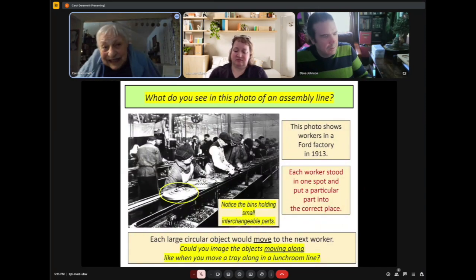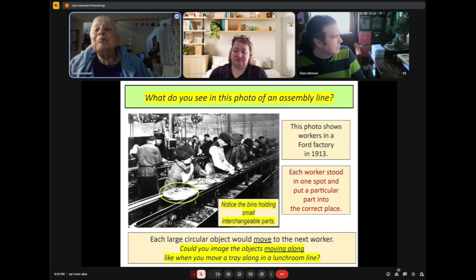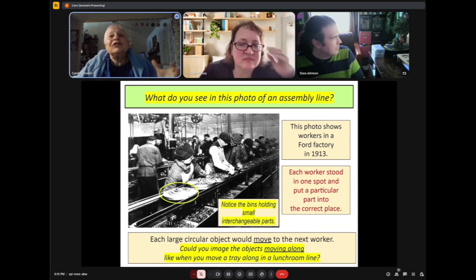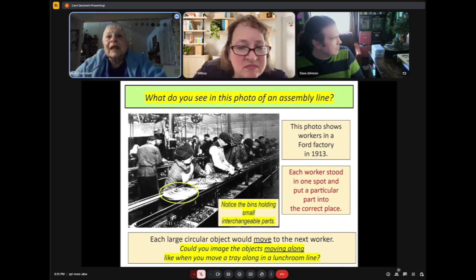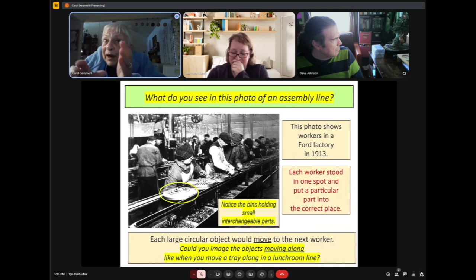I forget the name of what I've circled in yellow here, but it's an important part that goes together with the engine. Each worker stands in one place and puts 1 or 2 parts into the round thing.